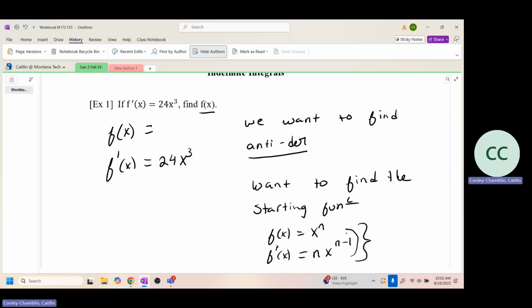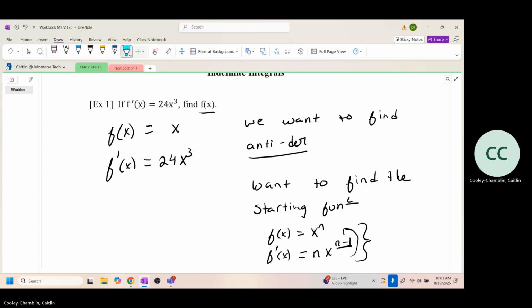So now we're going to go backwards. We have this original function. So here we have n minus 1. So our 3 here is really n minus 1. So we want that x to be n. So I'm going to add 1 to it. So 3 plus 1 really gives us 4. So we have x to the 4th.